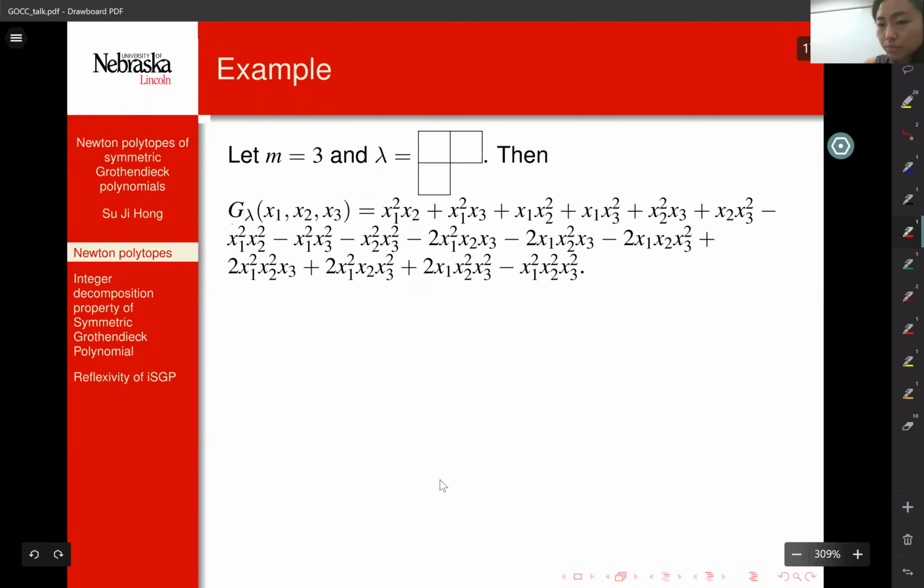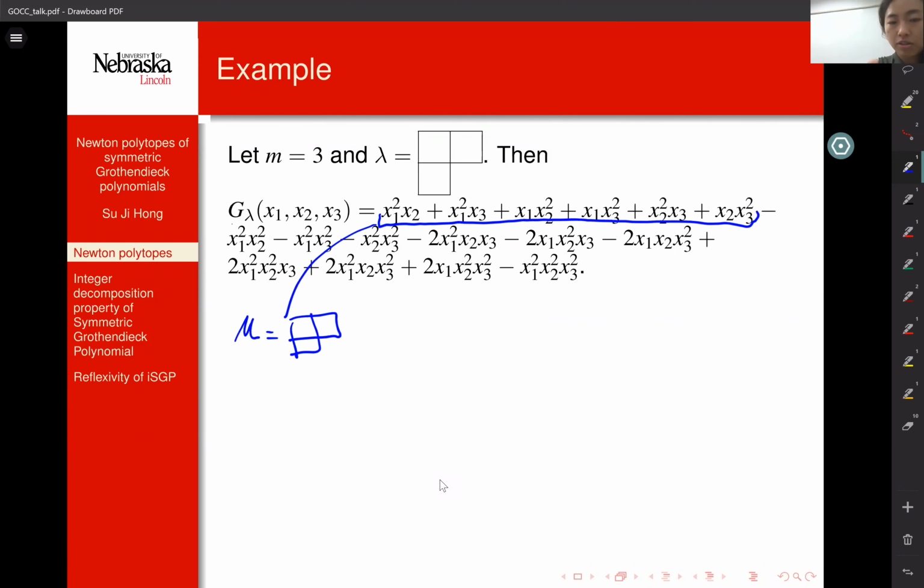So let's actually break this down a bit. You can see that the first 6 terms actually come from mu of shape 2, 1.